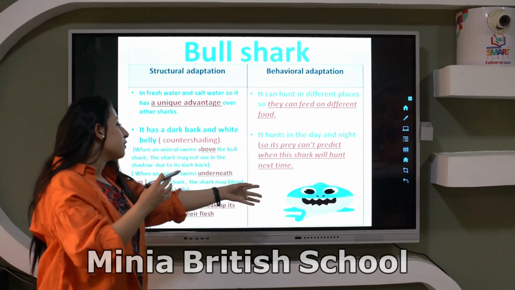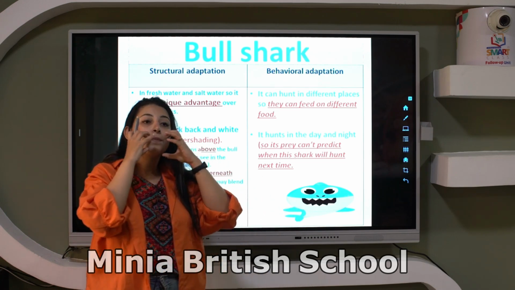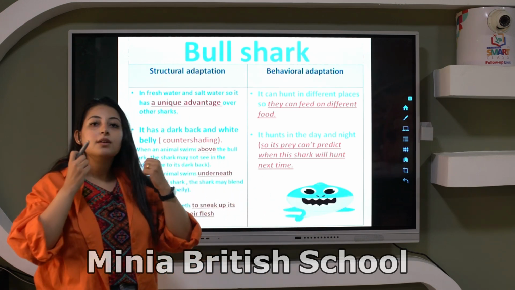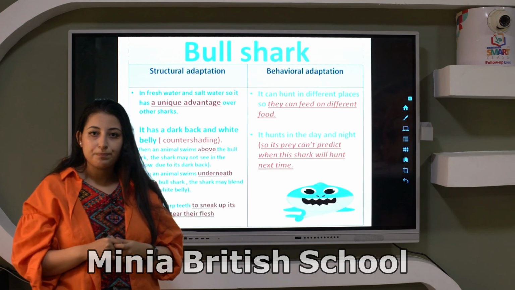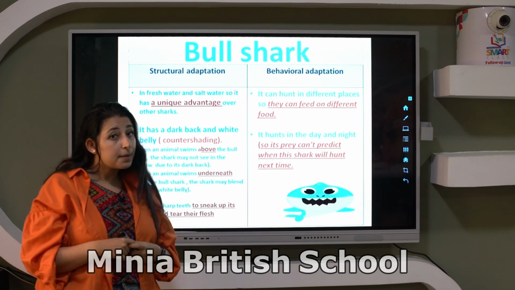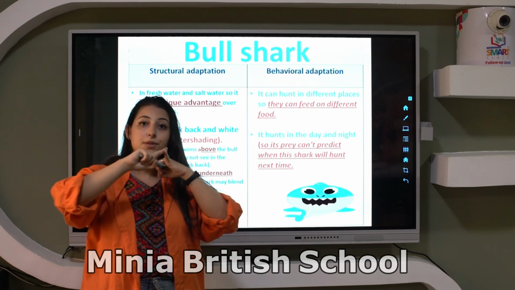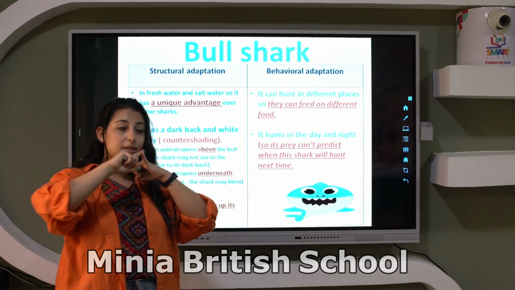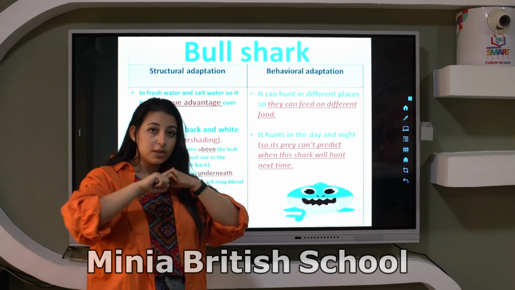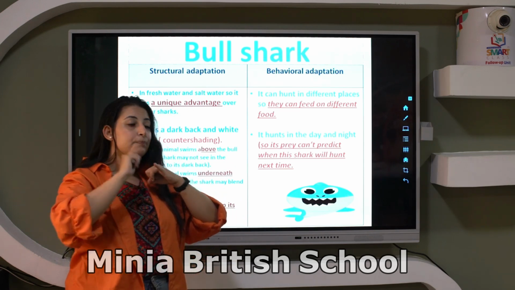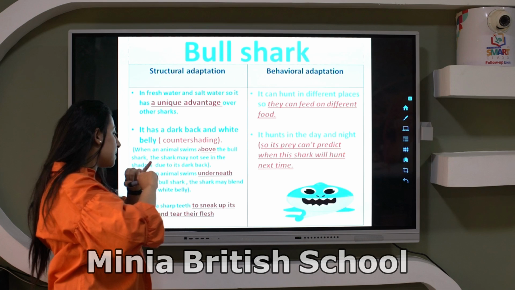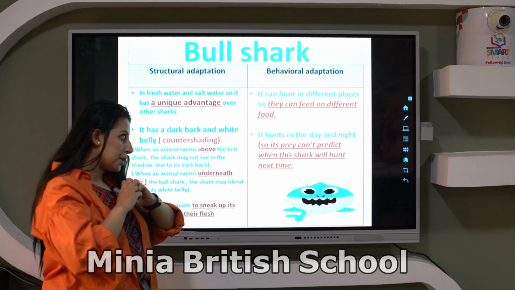God created sharp teeth for the bull shark to cut and flesh its prey easily. So number one, counter shading is the first structural adaptation that God created for the bull shark: dark back and white belly, and also sharp teeth to flesh its prey.